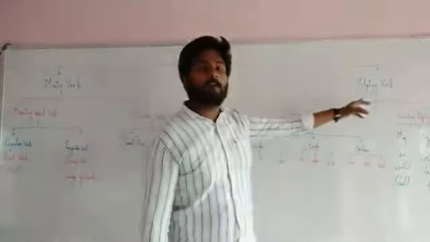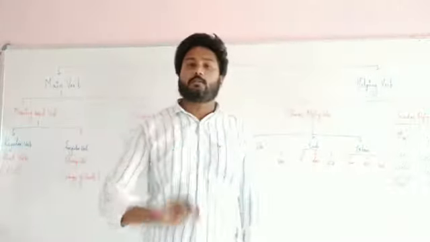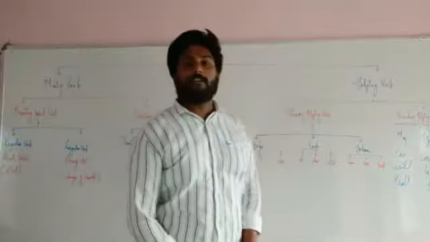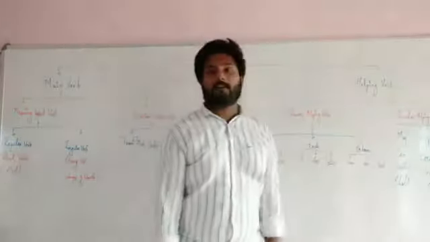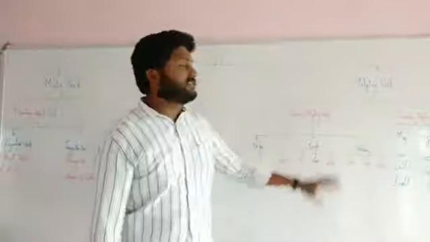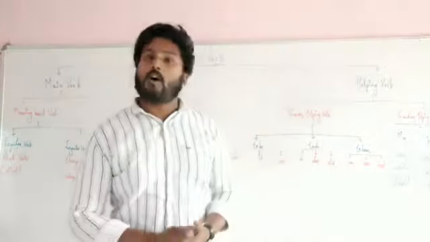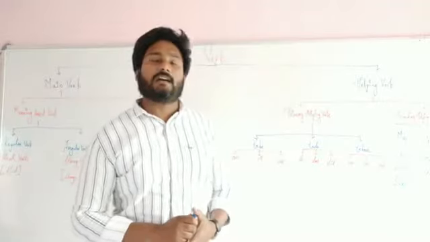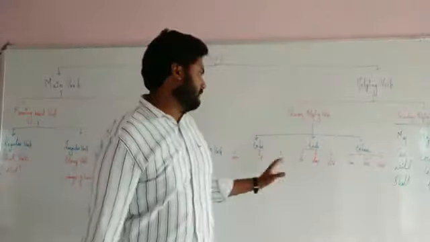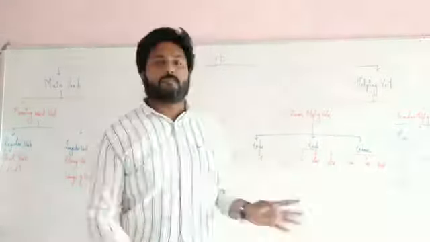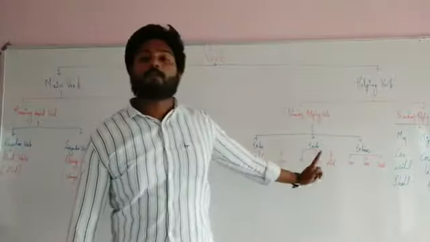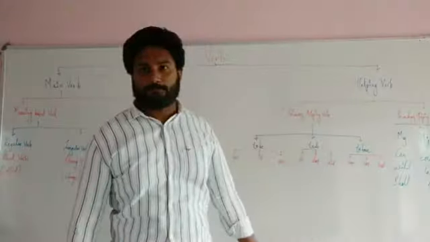See, helping verb is again classified into two ways. One is primary helping verb and another one is secondary helping verbs, called auxiliaries or modals. In the primary helping verbs, there are three: to be, to do and to have.